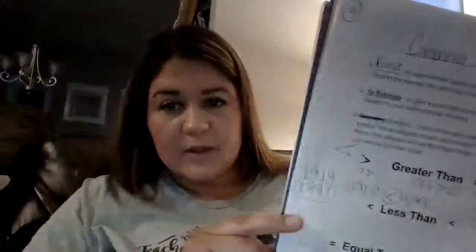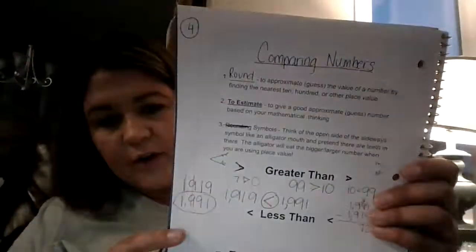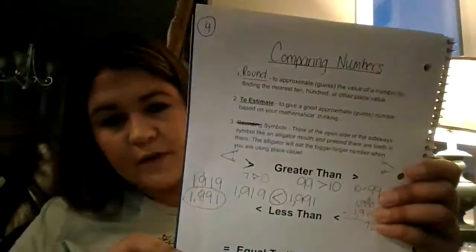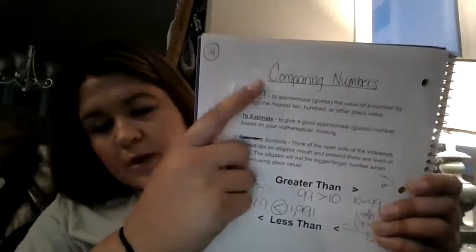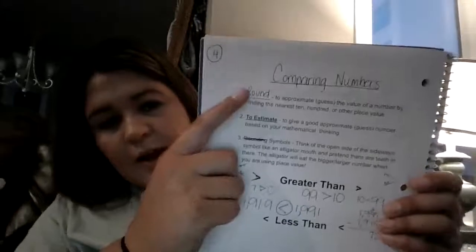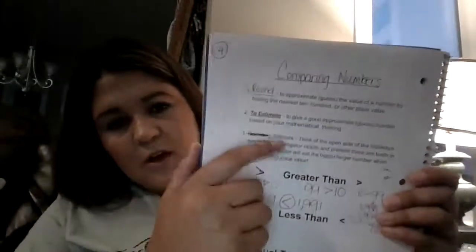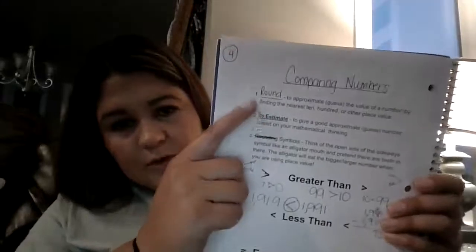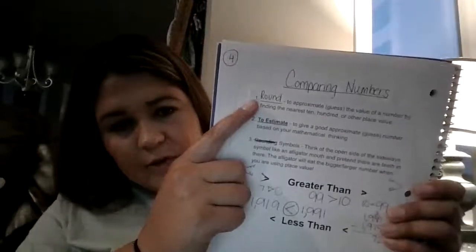I put this with your work last Friday in the office, so hopefully you have this. We just labeled our page number 4 and labeled it comparing numbers. I cut off the top of this page, it said rounding. These are just 2 vocab words. Round is the answer that you put in this fill in the blank, and to estimate is below it.